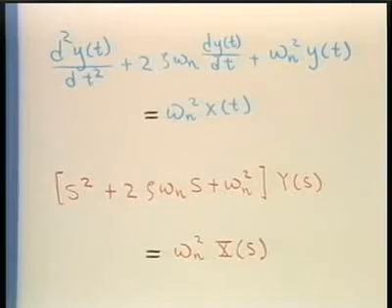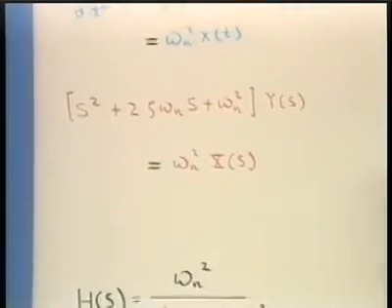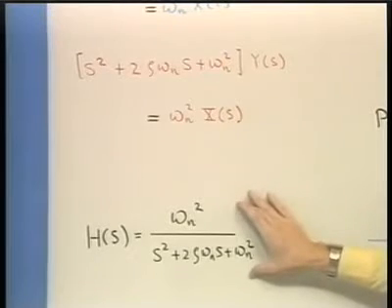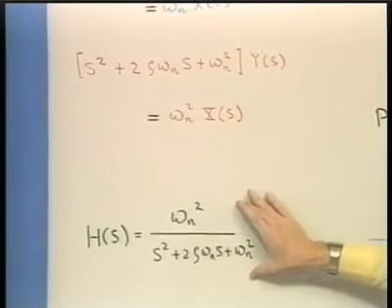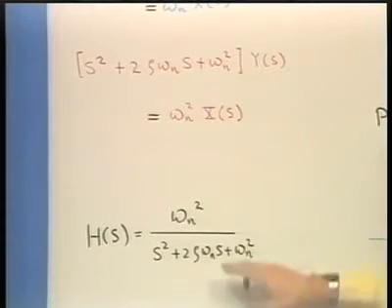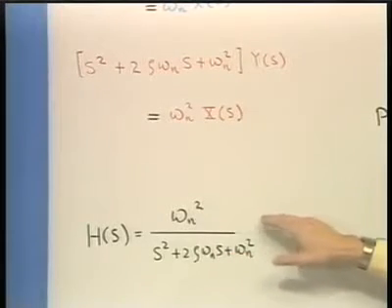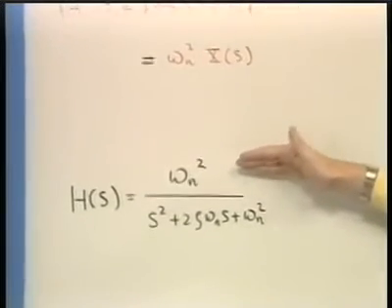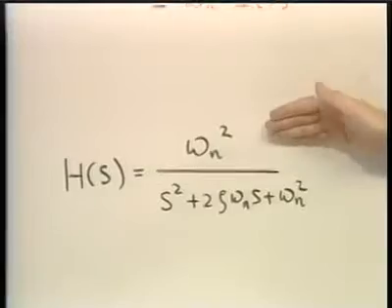And so the system function then is the expression that I have here. So this is the form for a second order system where there are two poles. Since this is a second order polynomial, there are no zeros associated with the fact that I had no derivatives of the input on the right-hand side of the equation.